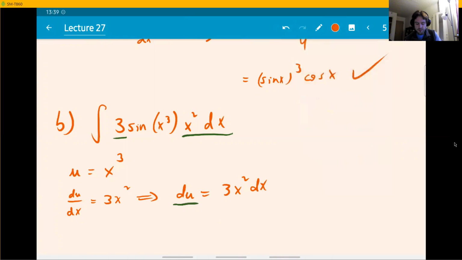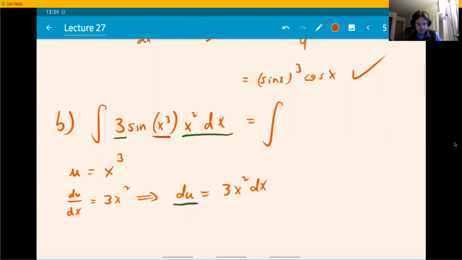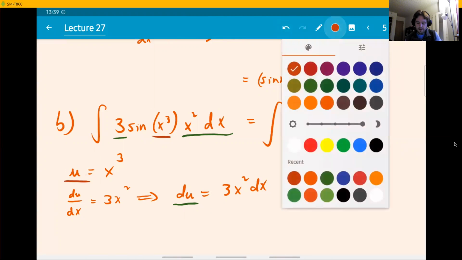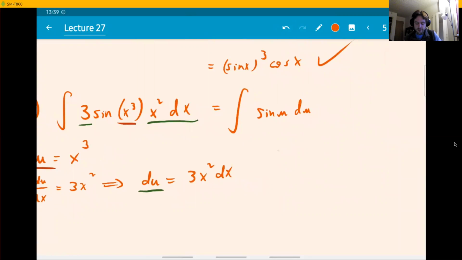Everything else can be written in terms of a function of u. In this case, sine of u. So that's sine of u du. Integral of sine, a function whose derivative is sine, that would be the minus cosine function, because the derivative of cosine is minus sine.